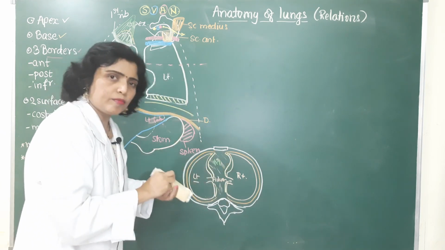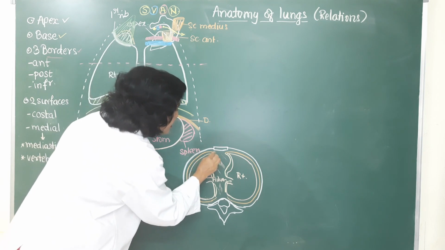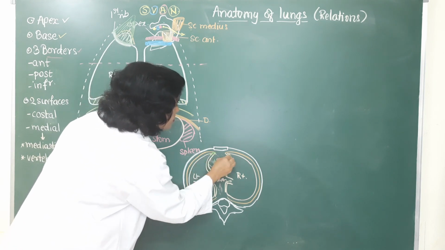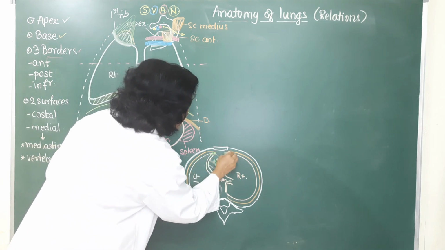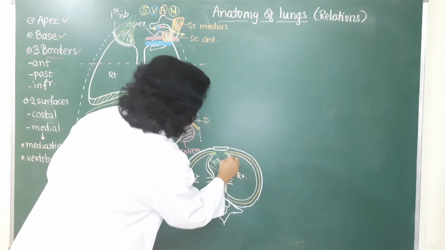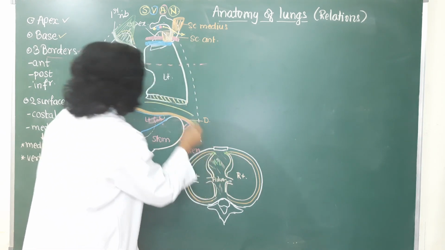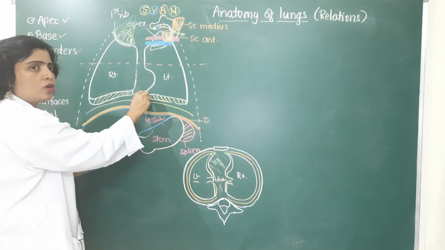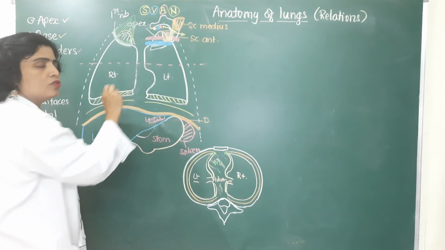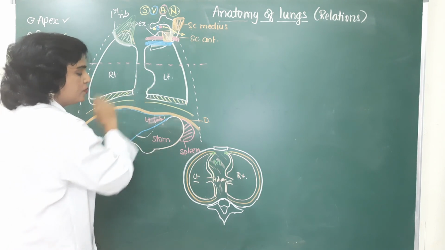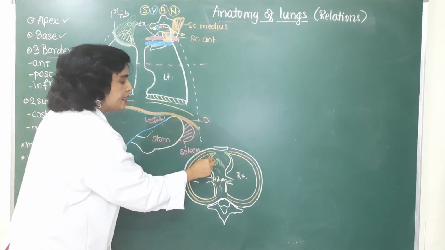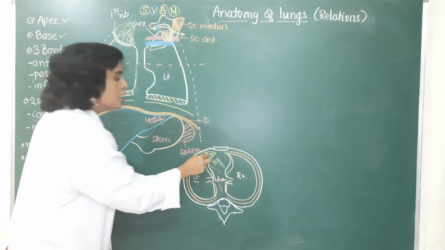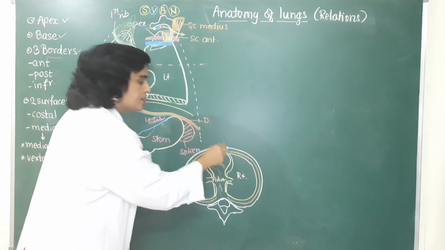Anterior border of the lung is related to this recess between the costal and the mediastinal pleura. Anterior border of the right lung is vertical. Left lung shows the cardiac notch below the level of the left fourth costal cartilage and the lingula. And anterior border is related to the costomediastinal recess of the pleura.